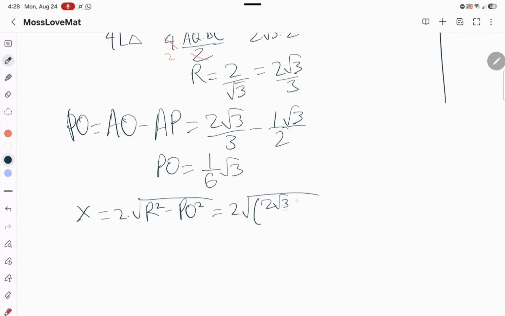It is 2 times root of, 2 times root of 3 over 3 squared minus 1 over 6 times root of 3, squared.